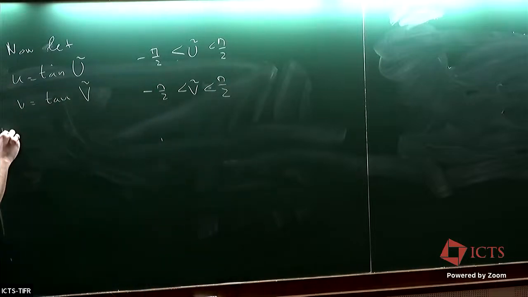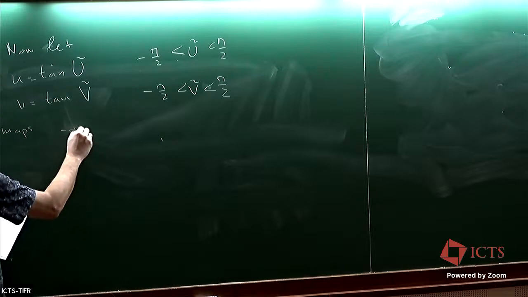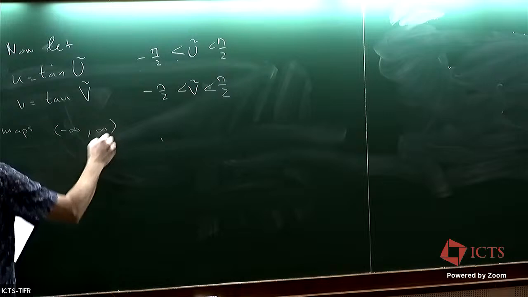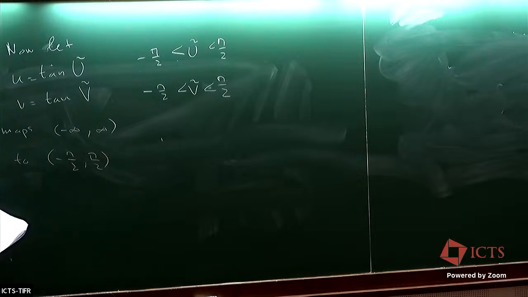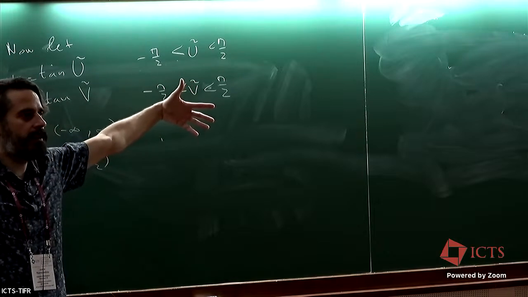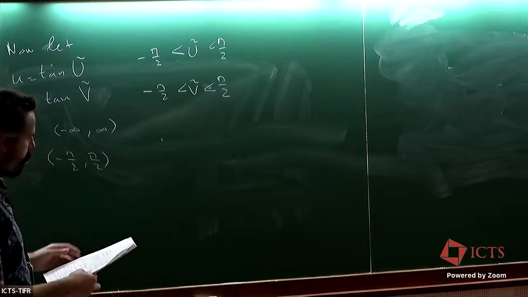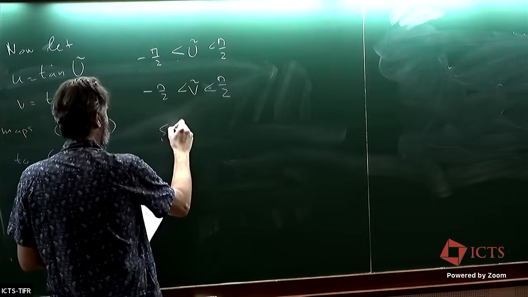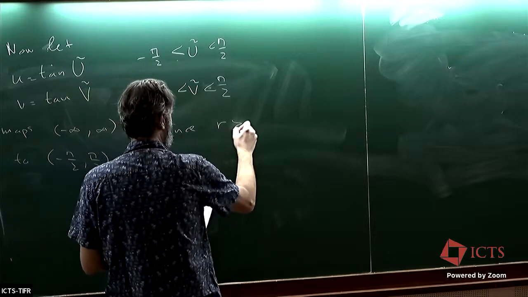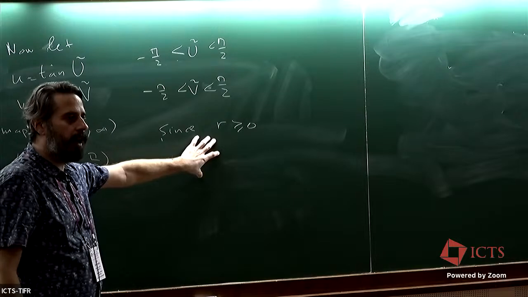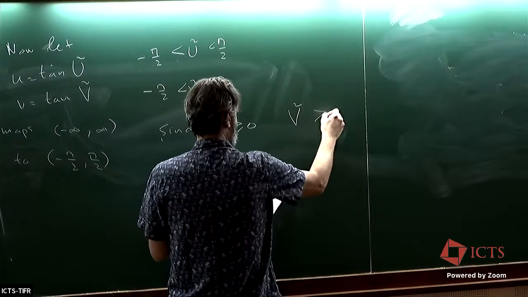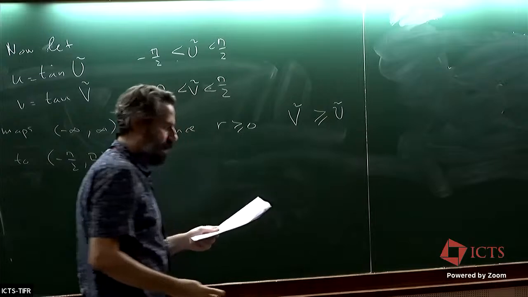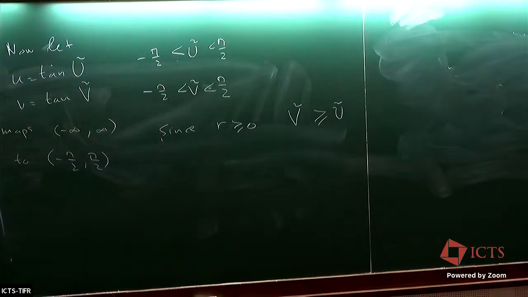So this maps all of R, minus infinity to infinity, to the open interval minus pi halves to pi halves. So I've compactified these directions and mapped all of R into a finite interval. And of course, I have to be careful because R is larger or equal to 0 in Minkowski, I can't take negative values, which imposes a restriction: V twiddle should be larger or equal to U twiddle.